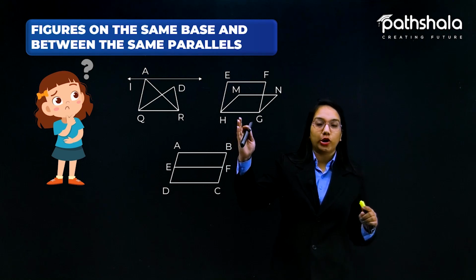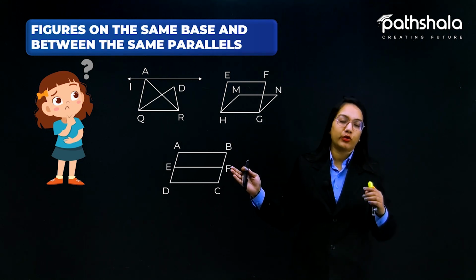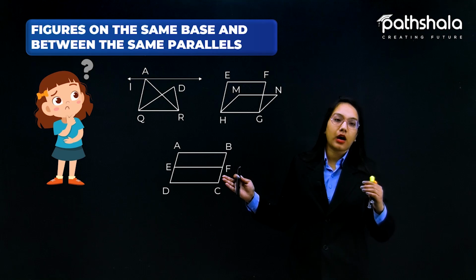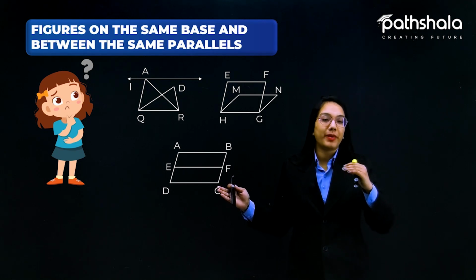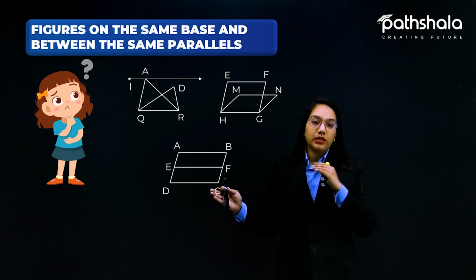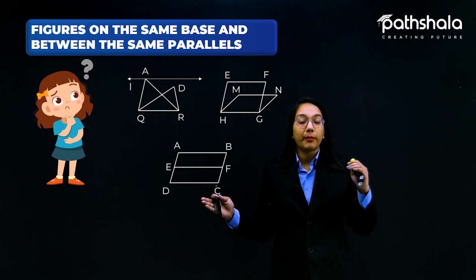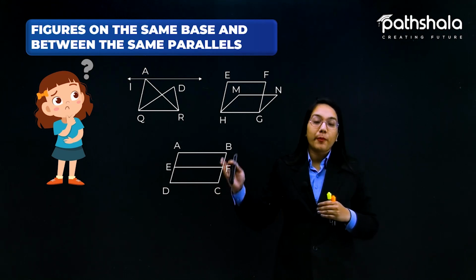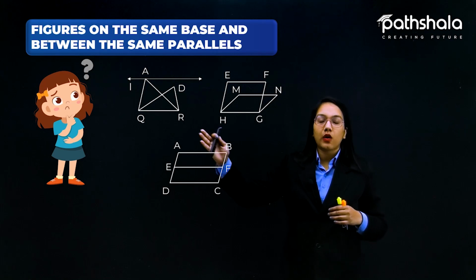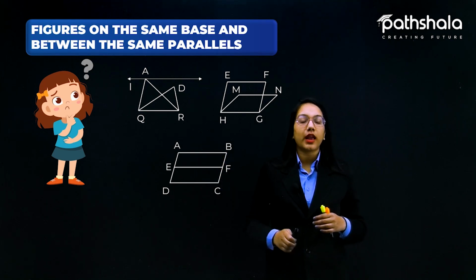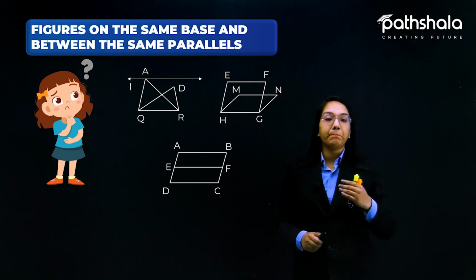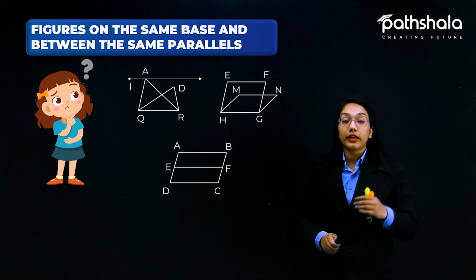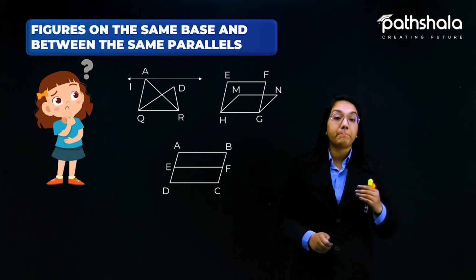Because the vertices opposite to the common base are not lying on the line which is parallel to the base.